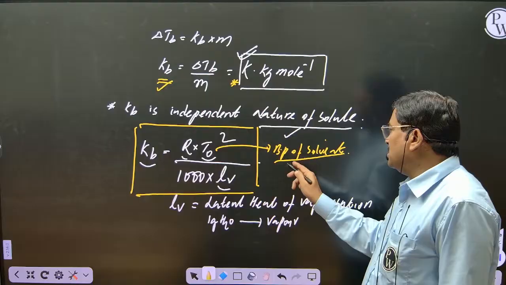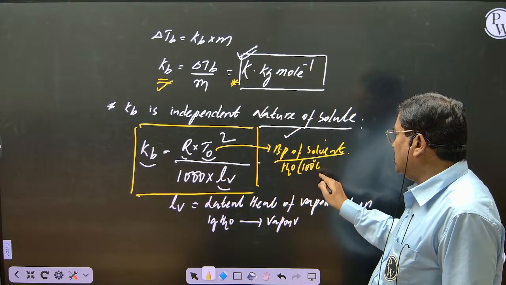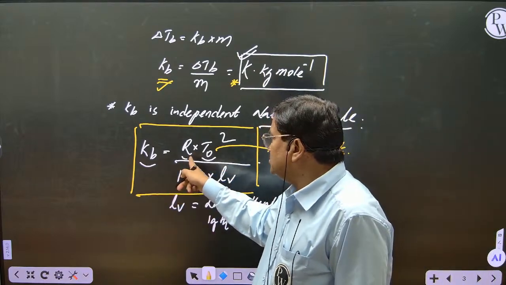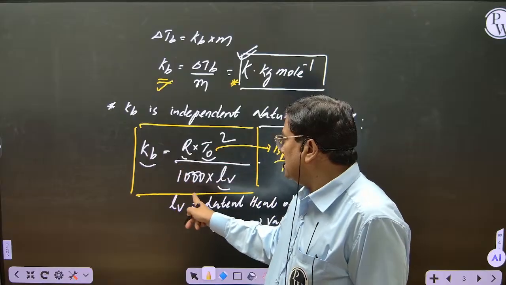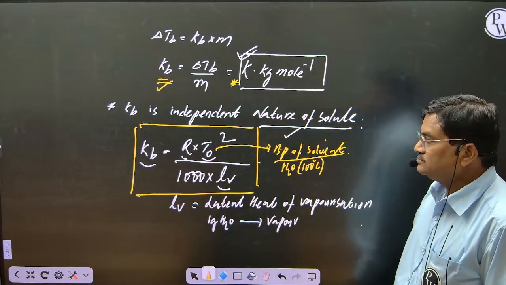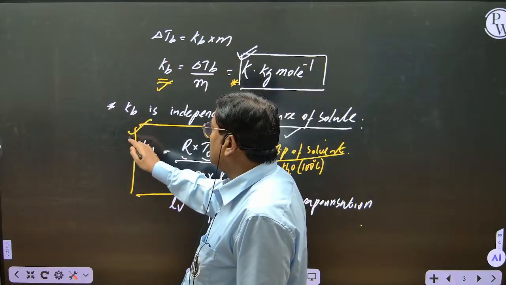Water boils at 100, and when we convert to Kelvin, we have to take 373. R is the universal gas constant and Lv is the latent heat of vaporization. Clear? Put this in a box, it is important.